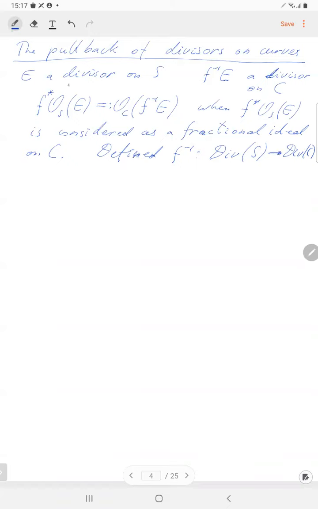And now let me make a comment. Suppose we have, at least locally, a morphism like this, some twofold cover, but it's ramified over some point S in the base.